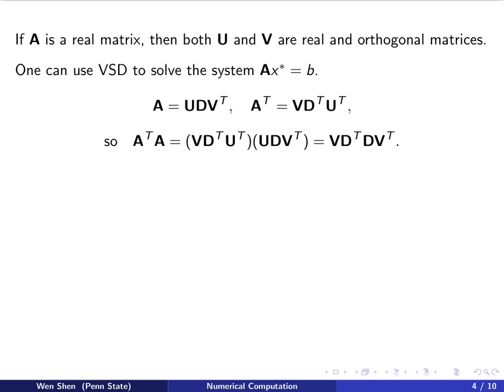Using that, I can compute the matrix A transpose A. That will be a square matrix. So this is A transpose, and that is A. Removing the brackets, using the fact that U is unitary, so U^T times U is identity, this we can drop, and we have V D^T D V^T.